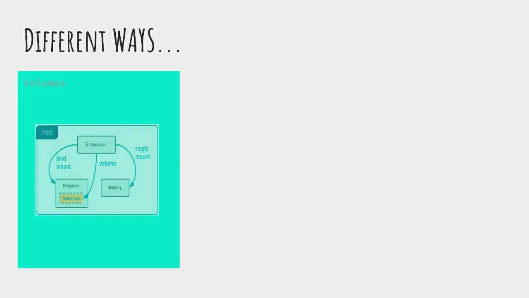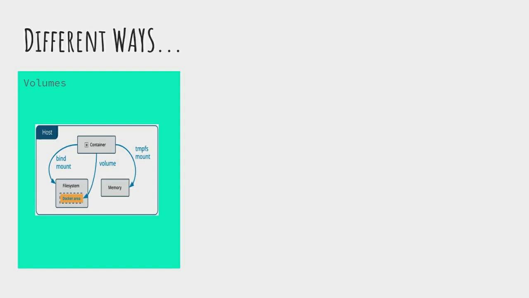So what are different ways of persisting data inside a Docker container? The first, as we talked about, is volumes. Let's just concentrate on the arrow that has volume near it. The container is pointing towards an orange area, which is the Docker area.